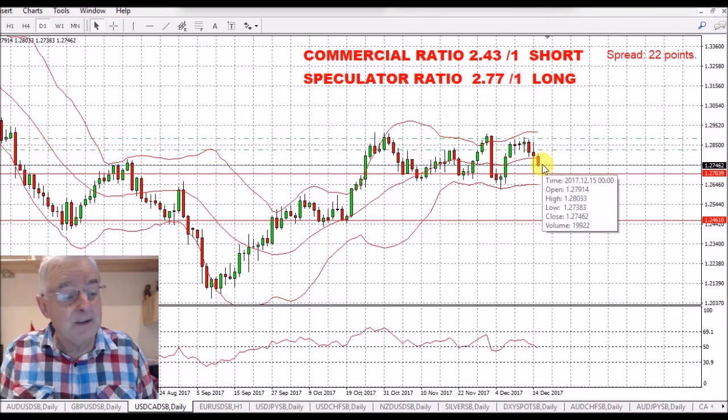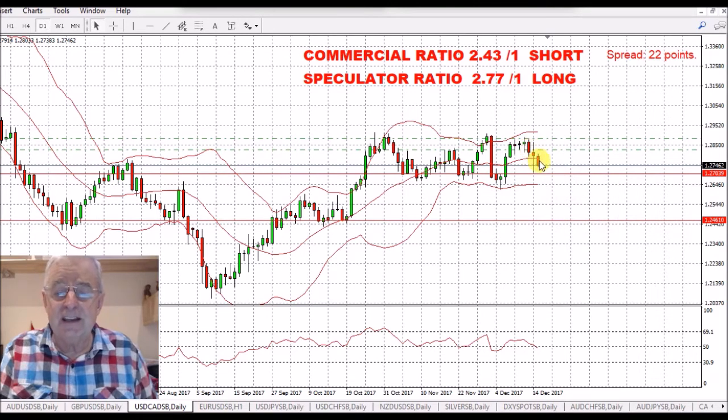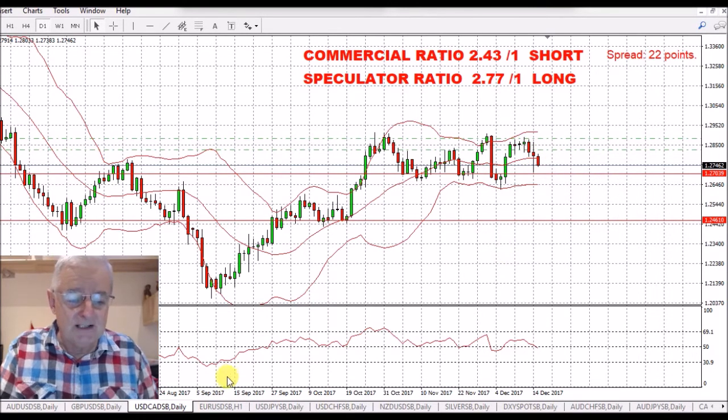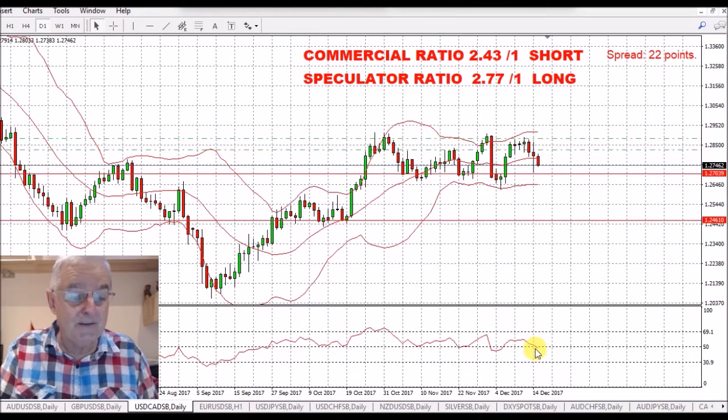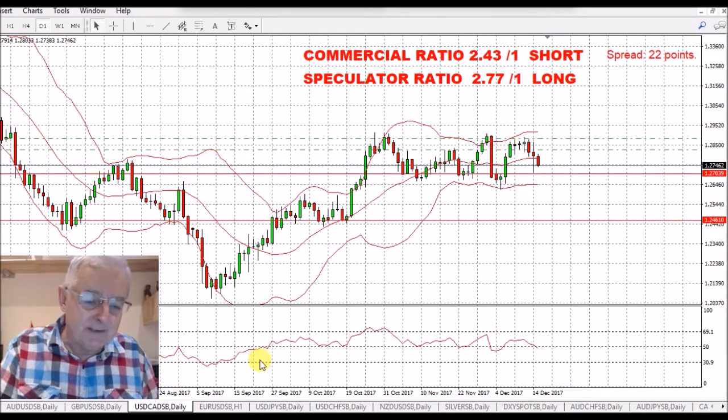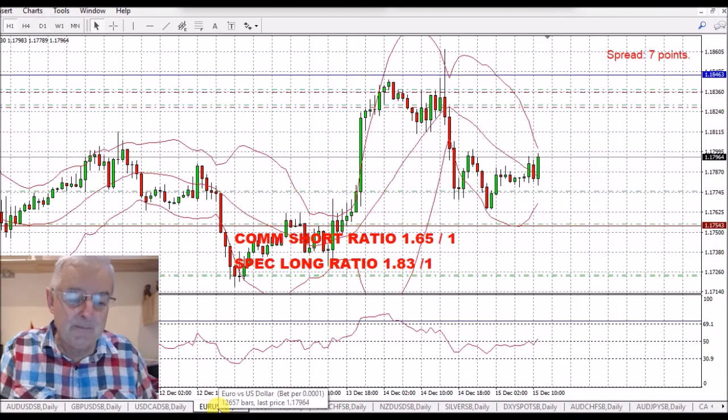I am thinking that the oil price is going to crash down, the Canadian dollar will weaken, and we're also going to get strength into the US dollar. So I can see quite a rise in the value of this pair. And we are still below the 50 on the RSI, which is very disappointing. Wait for it to turn back up.